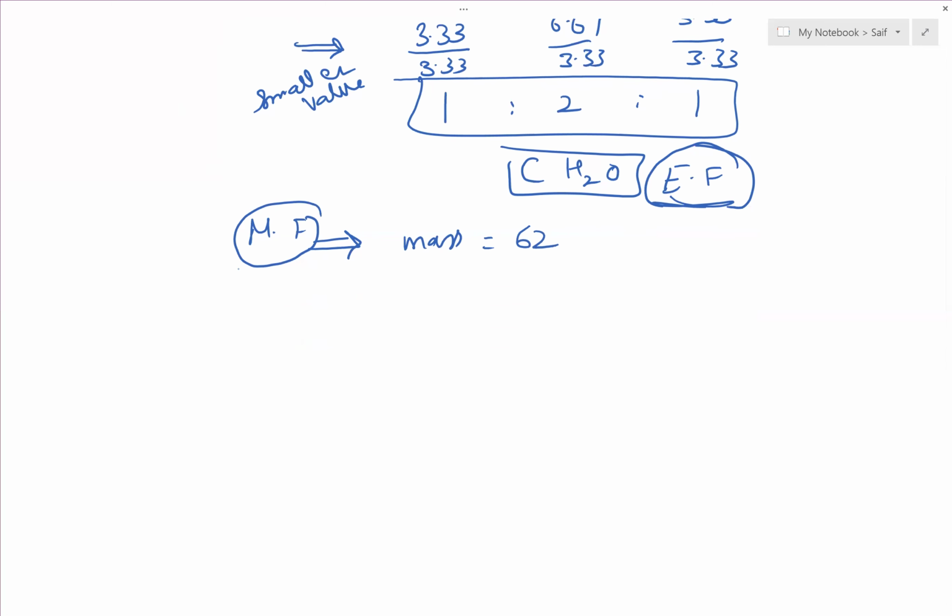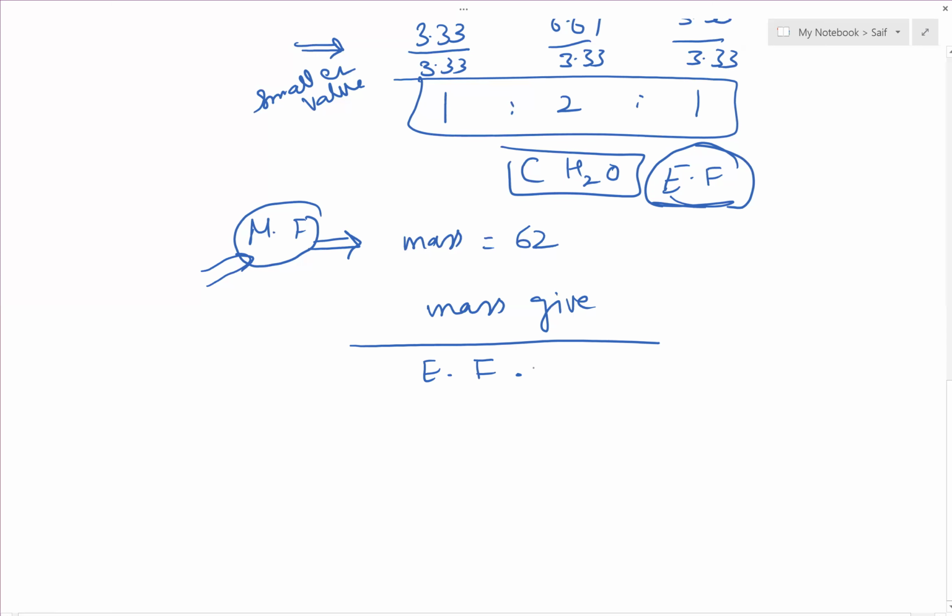What are you going to do? You will take the mass given divided by the empirical formula mass. That means whatever mass is given, divide by the empirical formula mass, which will be 12 plus 2 plus 16. What does it give?